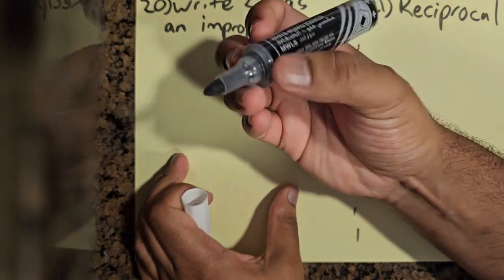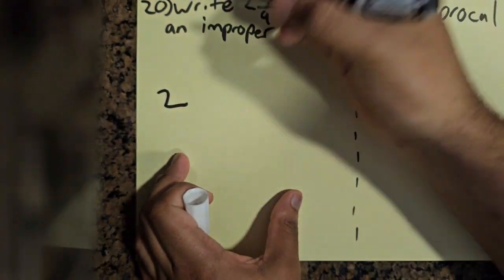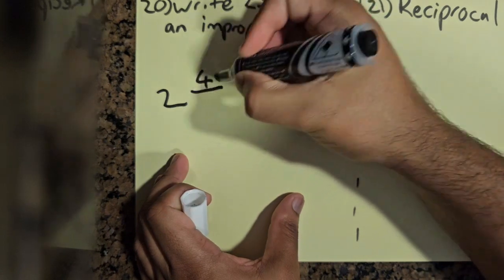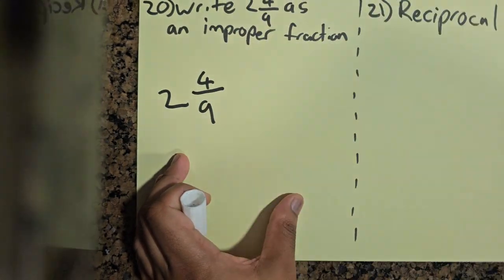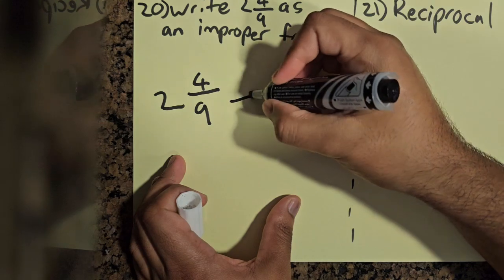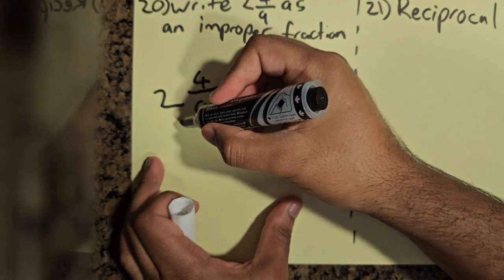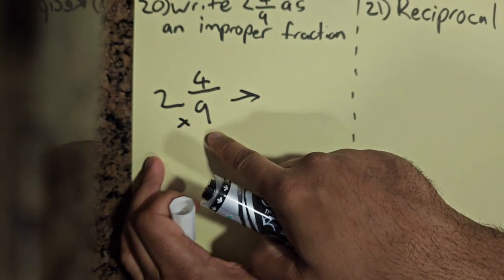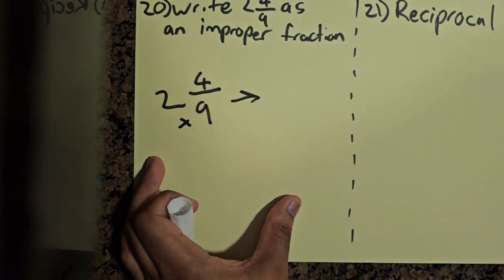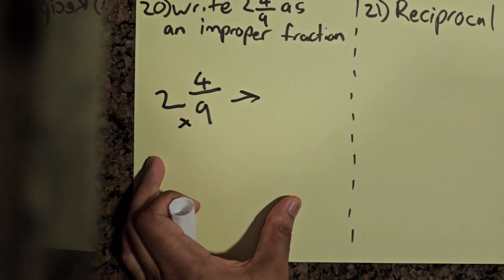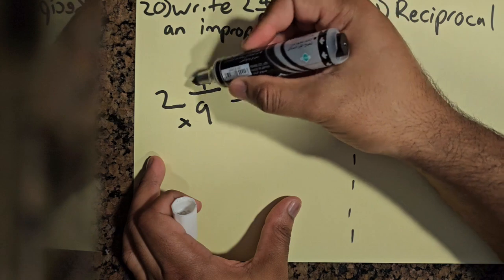So the fraction that we have so far is 2 and 4 over 9. If I want to turn this into an improper fraction, it means I'm not going to have a whole number. I take the whole number and I multiply with the denominator. So 2 times 9 gives me 18, okay? Then I take that answer and I add it to this number on top.